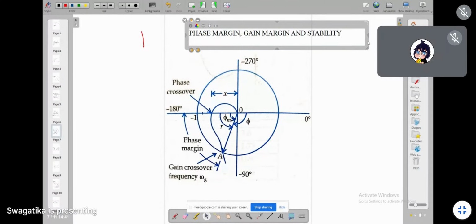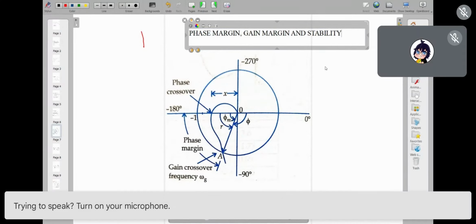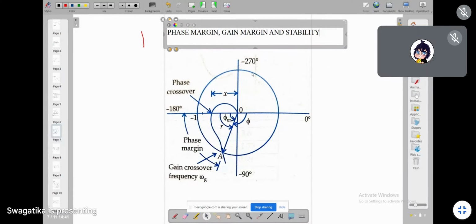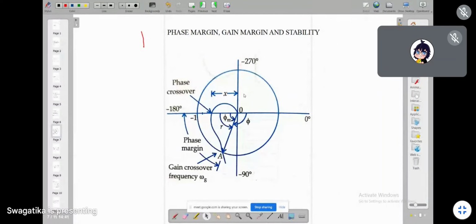So how to find out the phase margin, gain margin, and stability? See, this is the phase crossover frequency. This is the polar plot, where it crosses the real axis.